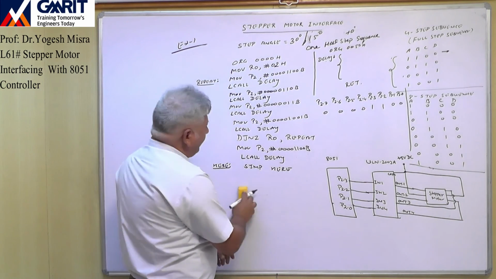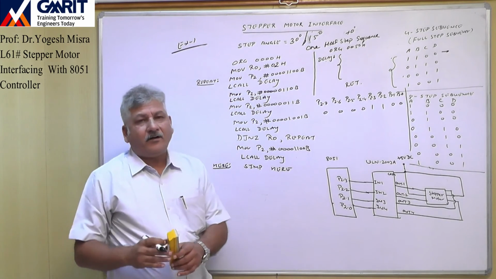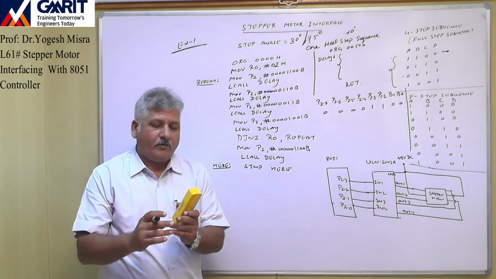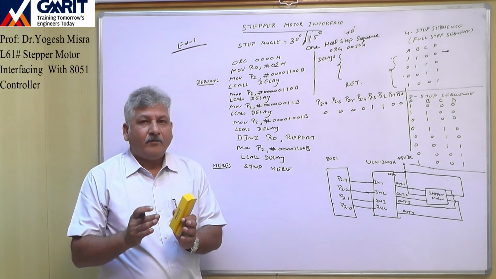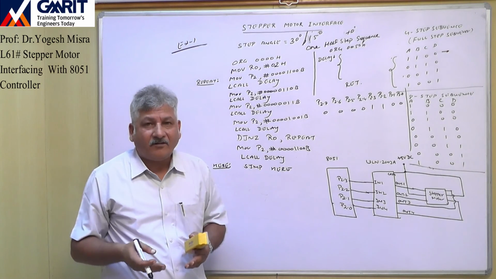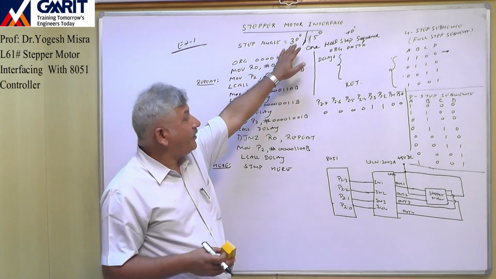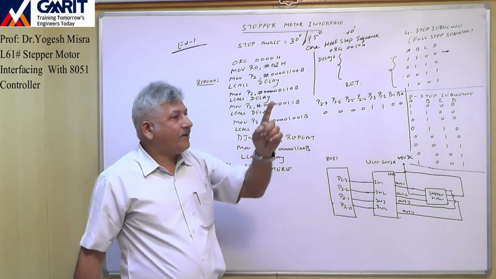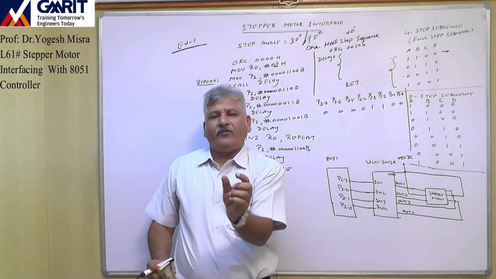So simply in this application we want to rotate a motor to 120 degree with improved resolution, because now resolution is better. Previously in one step it was moving 30 degree, now 15 degree only.